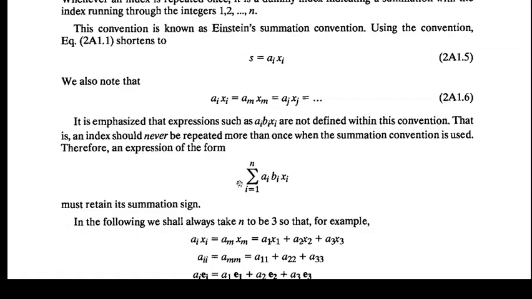No, you cannot write this as ai, bi, xi. This is not defined in the summation convention. So you have to write it with the summation sign. Then you can write a1, b1, x1 plus a2, b2, x2 plus a3, b3, x3, and so on up to n. But you cannot drop the summation sign.